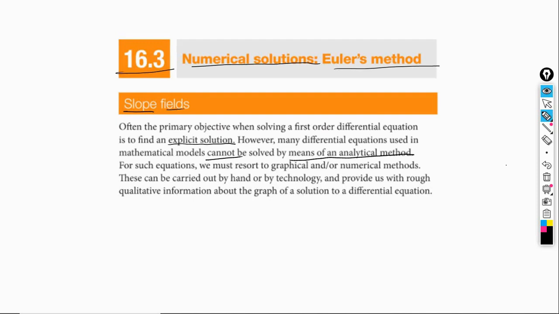For such equations, we must resort to graphical and/or numerical methods, which means approximations. These can be carried out by hand or by technology and provide us with rough qualitative information about the graph of a solution to a differential equation.